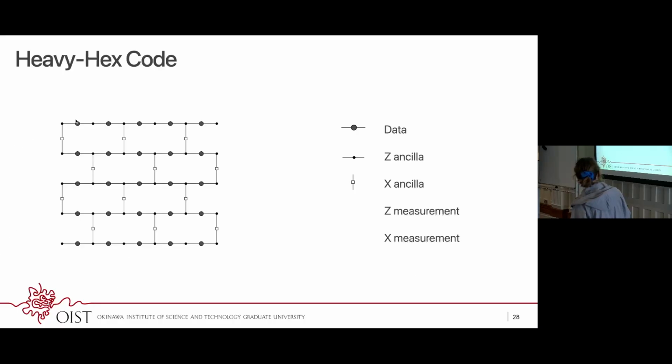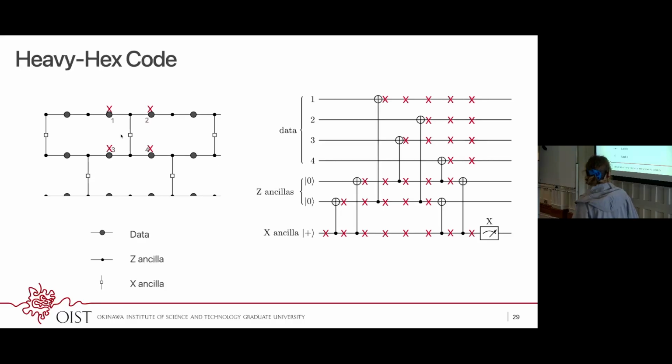The blue highlighted area indicates the ZZ pair measurements, and the red highlighted area represents the 4-qubit X measurements in the heavy hex code. So this is an example circuit for the 4-qubit X stabilizers.